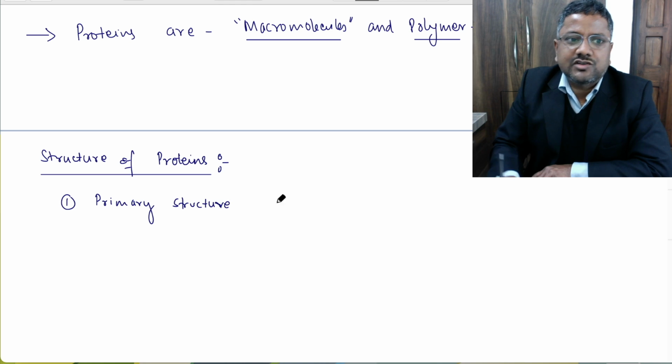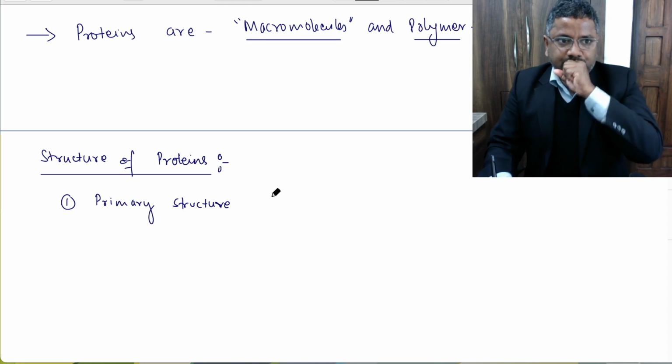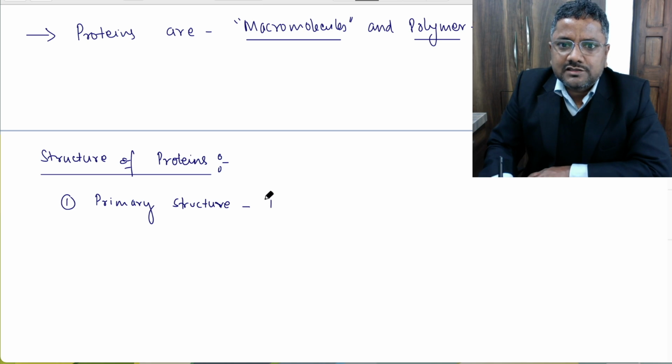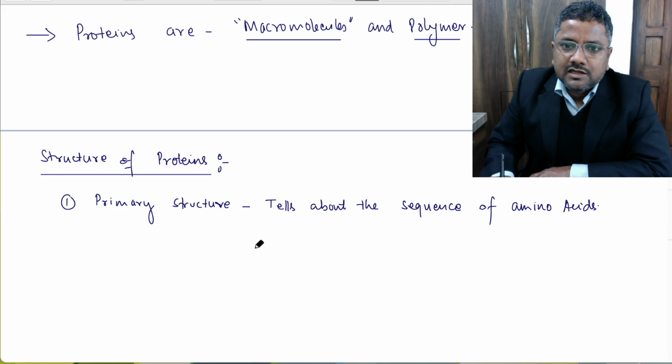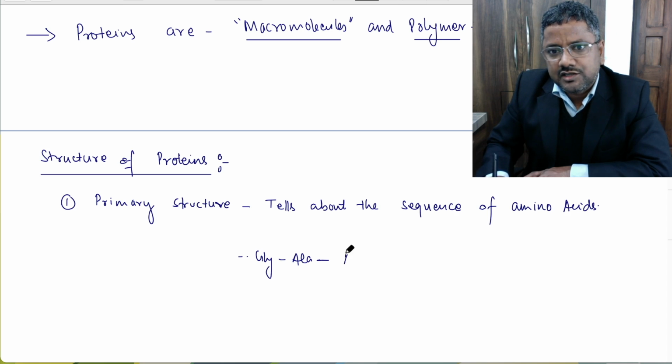So primary structure basically tells about the sequence of amino acids, like glycine, alanine, arginine, valine, right?